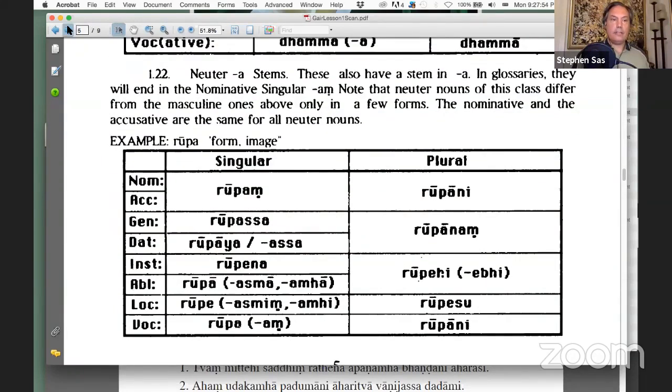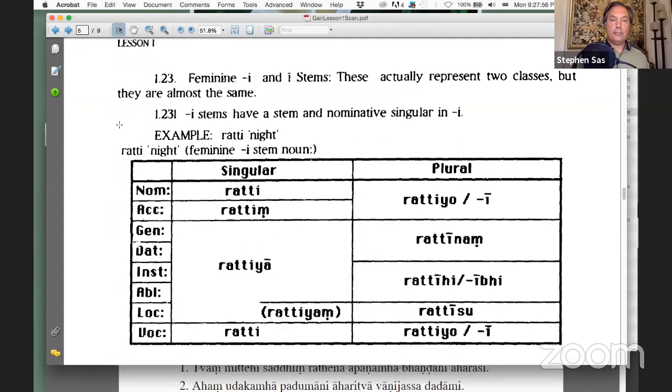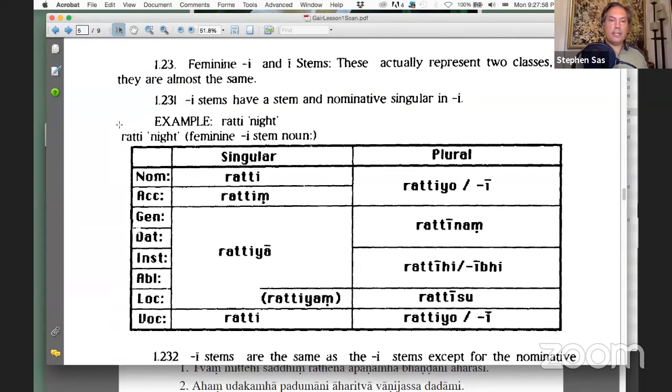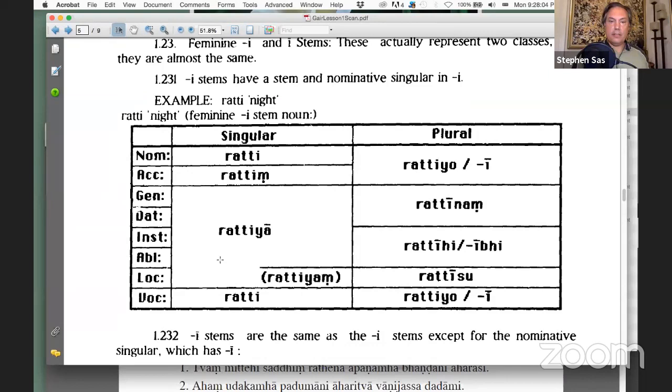And then we're going to also have a whole new set, which is the feminine short I and the feminine long I. And so you might notice here from this cool looking grid with that kind of cool old school computer font that so many of the cases are the same.